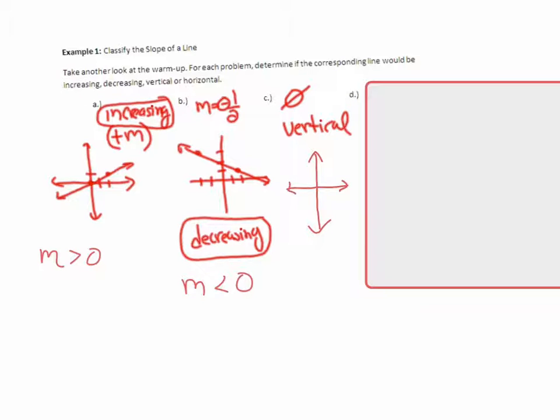I'll steal the points off of Kelly's paper here. What do we got? We got (2, 0) and (2, 2). Over 2, up 0. And then over 2, up 2. Check it out. Look at that. That's a vertical line. And that is how we get an undefined slope there. So when your slope is undefined, you're going to end up with something that's straight up and down.